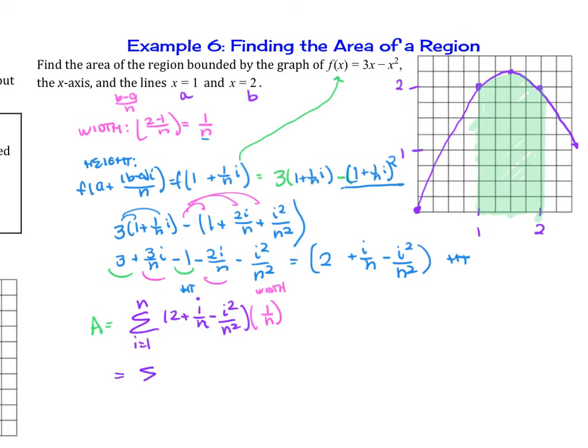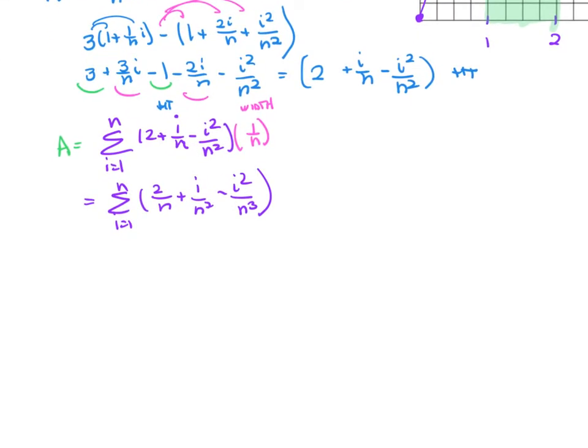I'm going to go ahead and distribute that 1 over n. This is going to be 2 over n plus i over n squared, not plus, sorry, that is minus i squared over n cubed. Careful of the signs. So now let's break this apart. So this is going to be 1 over n, and actually we can factor this 2 over n all the way to the front, right?